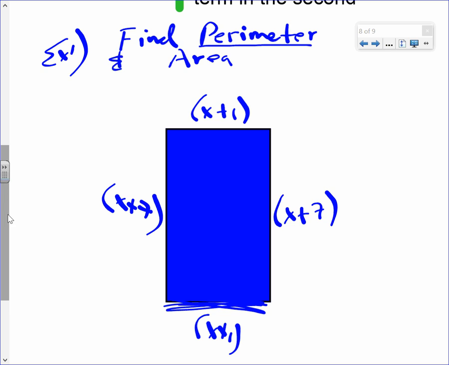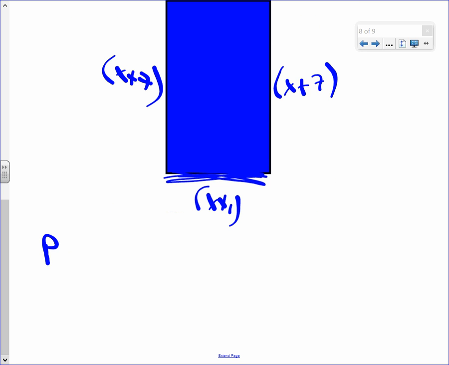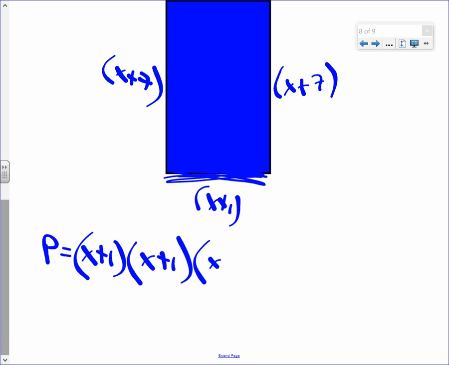So the perimeter then, ready? P, perimeter, just add up all these sides. x plus 1 plus x plus 1 plus x plus 7. You know what? I'm putting multiplication on. I should put addition.